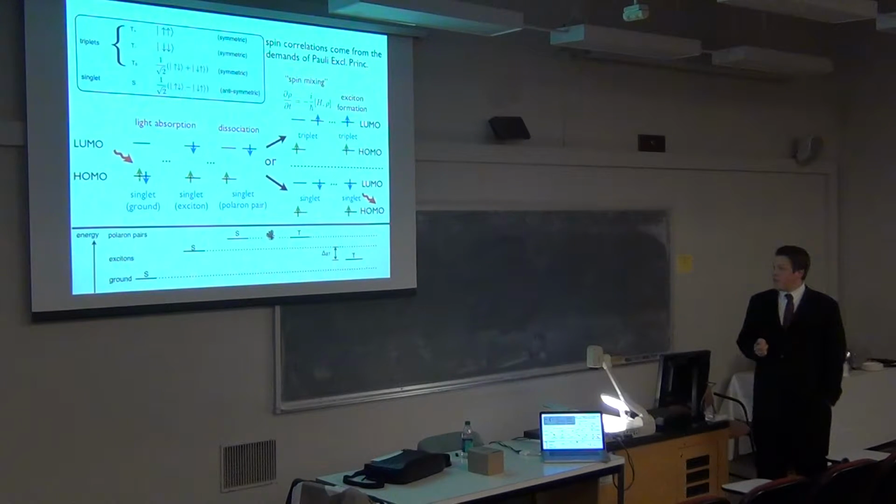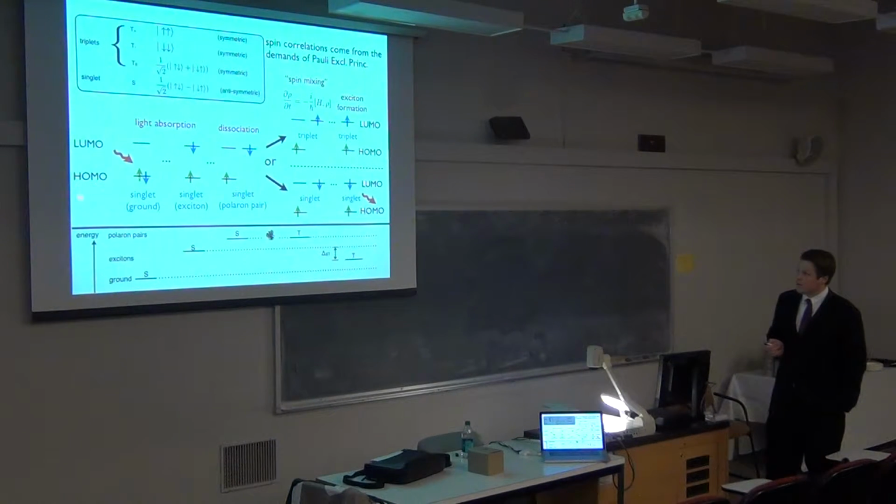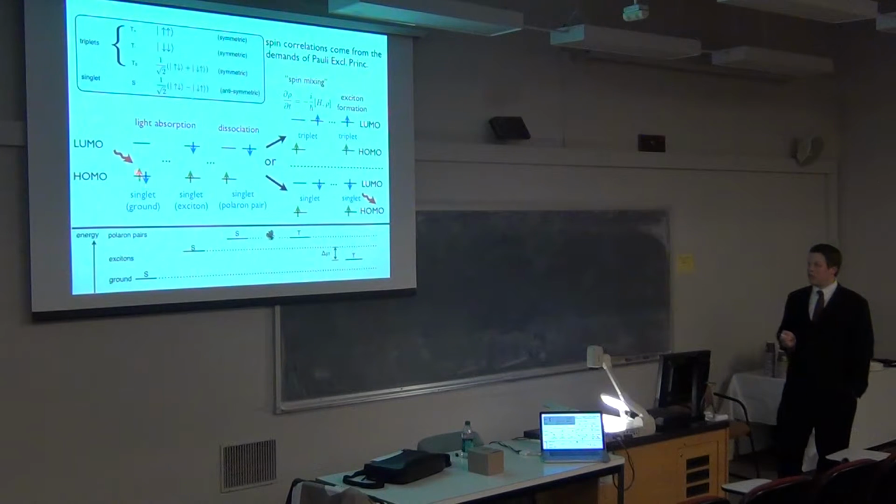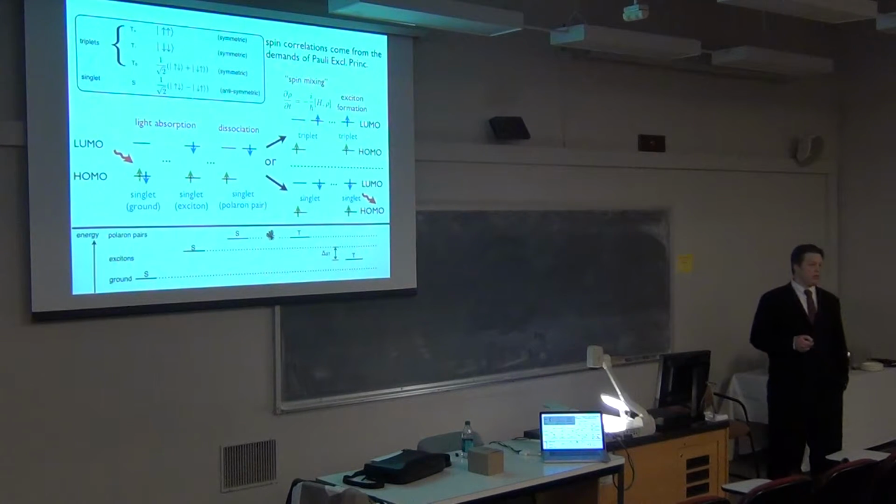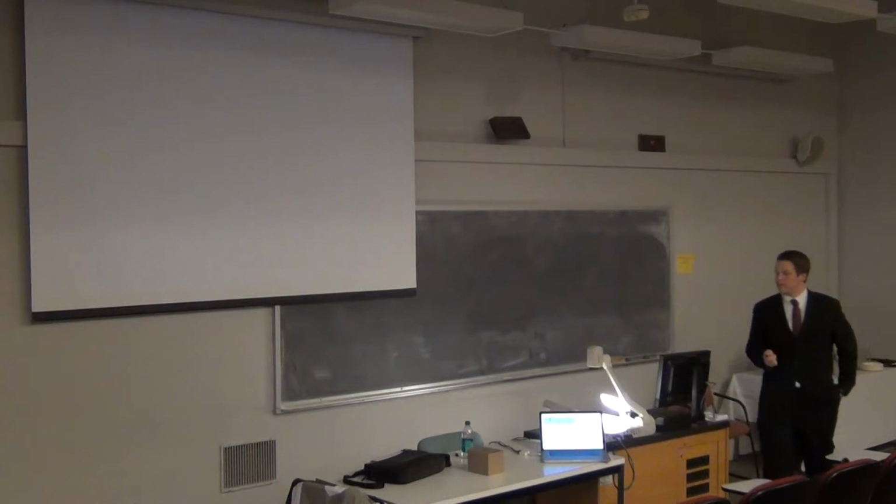So here's the example now I'm going to show you. I'm going to look at a molecule with a HOMO level and a LUMO level. This is the highest occupied molecular orbital. This means lowest unoccupied molecular orbital. And you can think about it as a valence level if you want.